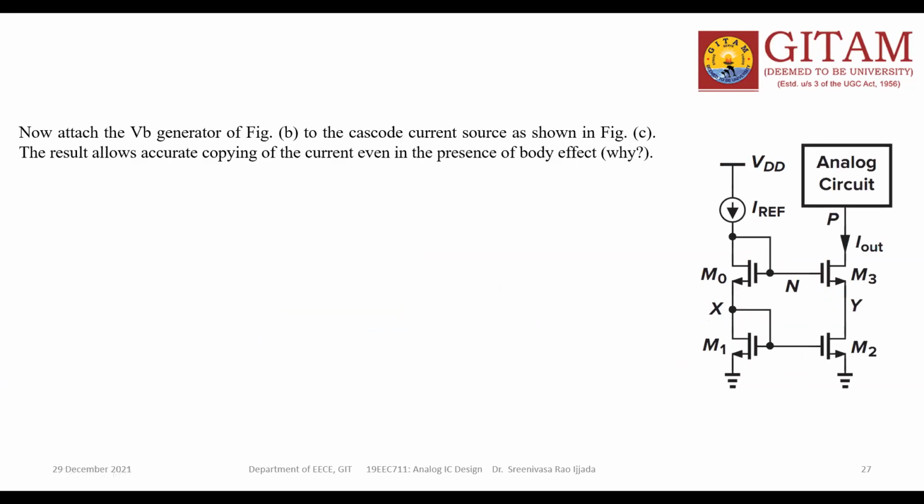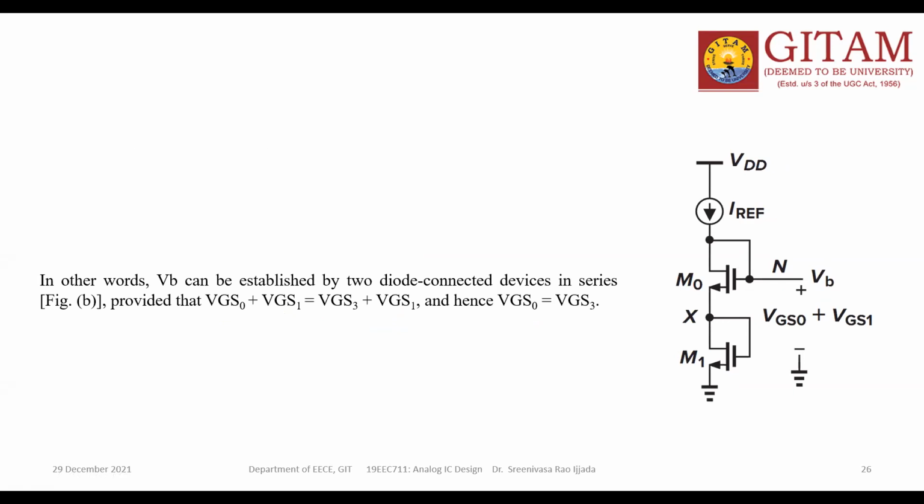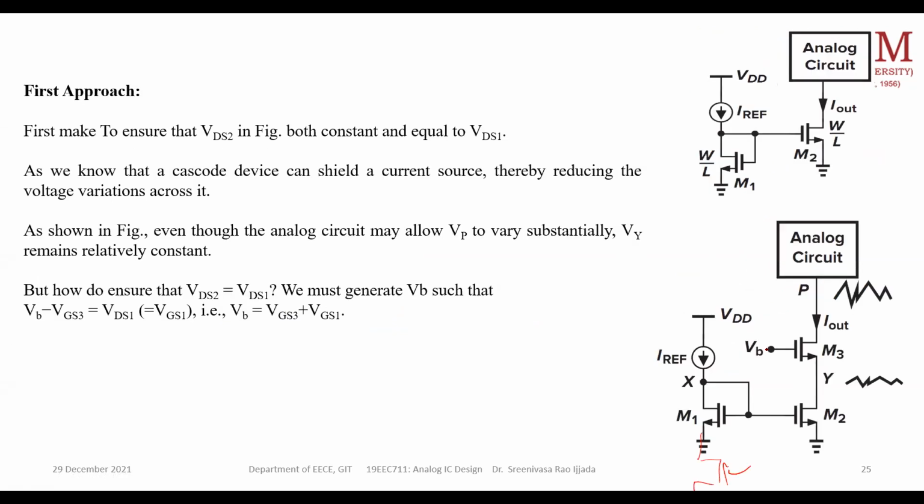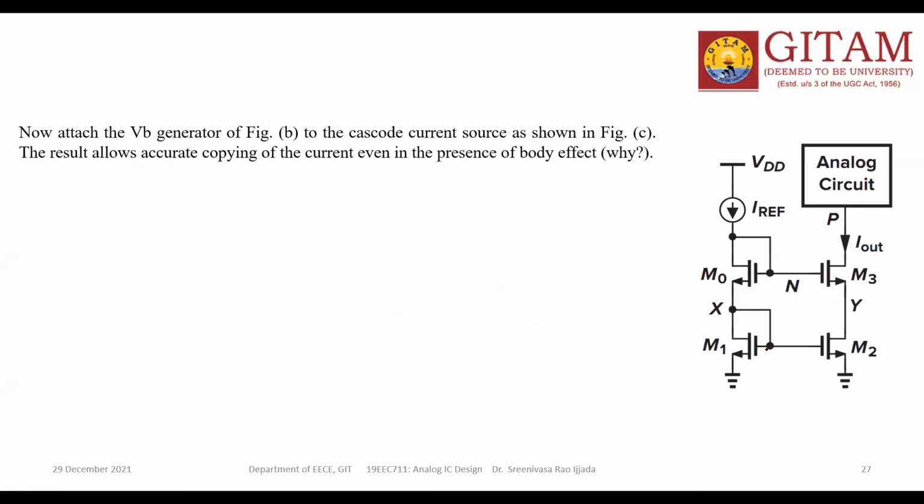Now attach that VB, whatever VB was generated in the earlier picture. It is connected to the third transistor at this point. The network should be joined here, to the cascode current source shown in this picture. The result allows accurate copying of the current even in the presence of body effect.